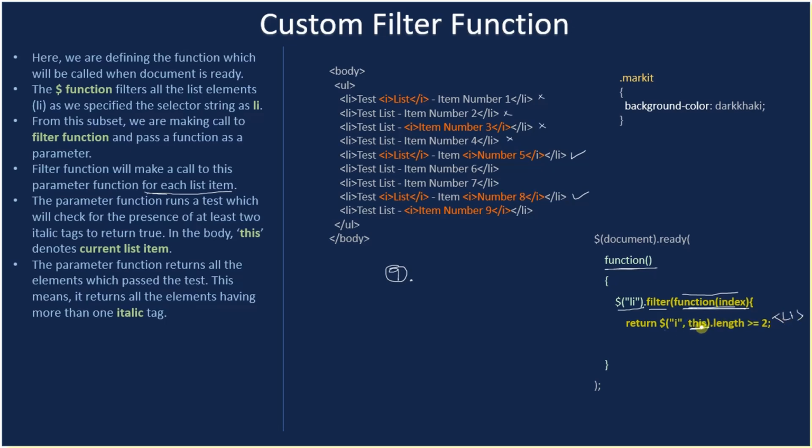It returns an array as already told, and if that array length is greater than or equal to 2, that means we are searching for italic tags, and there should be 2 or more. This is the complete Boolean expression. We return true or false based on how many italic tags are present in the passed-in list item.